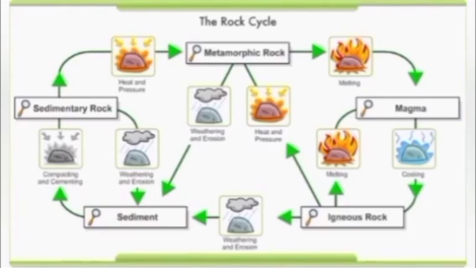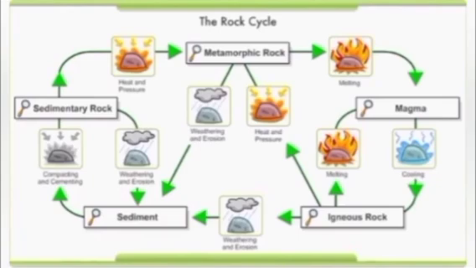It starts with magma, the molten magma, then it forms into igneous rocks. The molten magma cools down and then it forms the igneous rocks. It is also called primary or parent rocks.